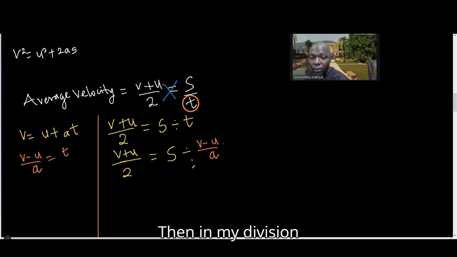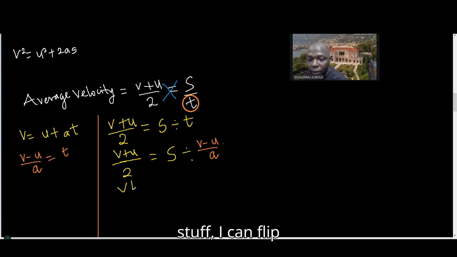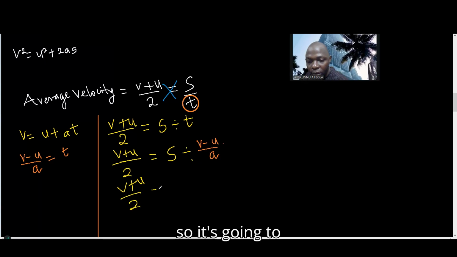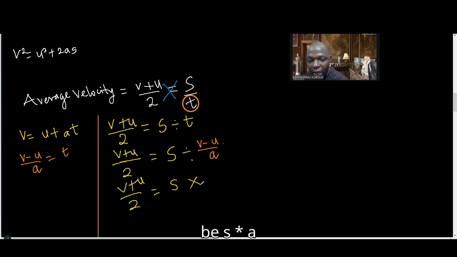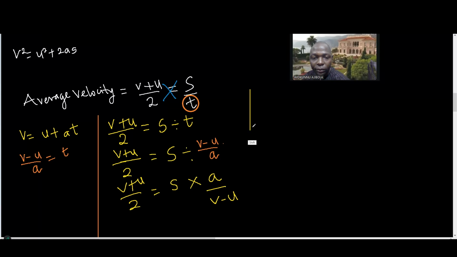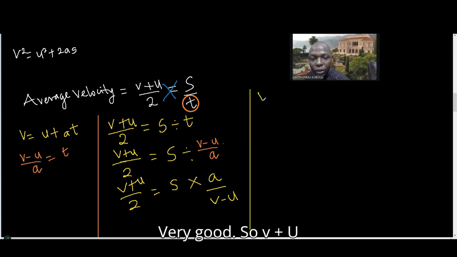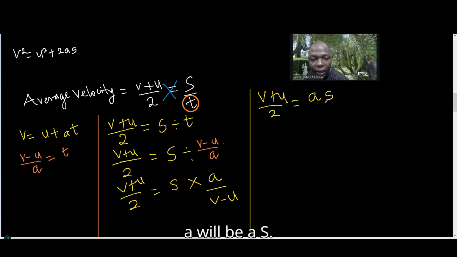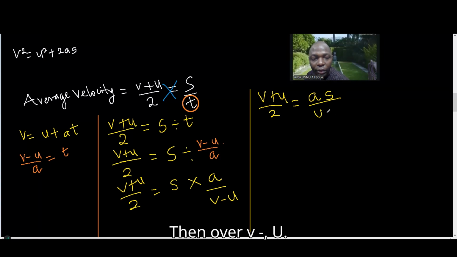Then in my division, I can flip that division to multiplication. So it's going to be s times a over v minus u. So v plus u over 2 equals s times a, which is as, over v minus u.